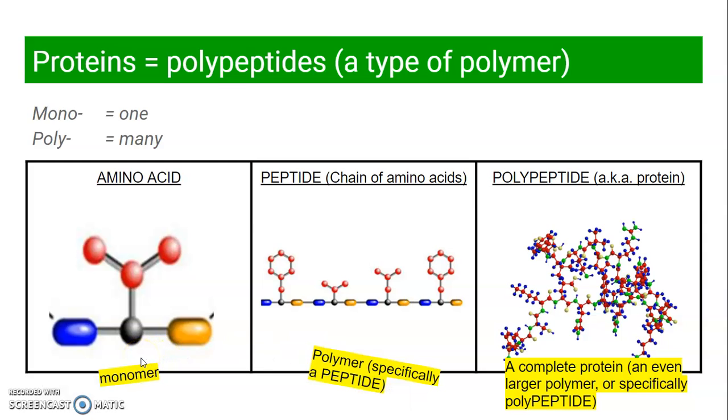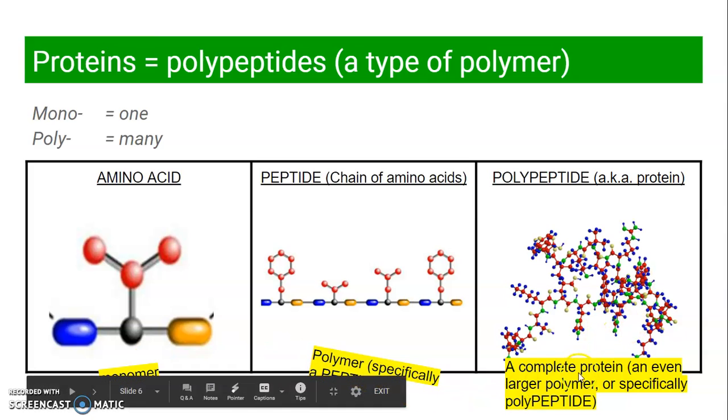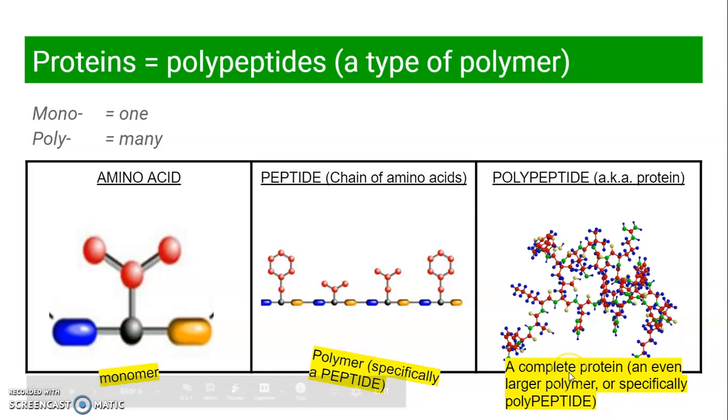So these are the general terms, monomer, polymer, but in the specifics, when we're talking about proteins, our monomer is the amino acid, and our polymer is a peptide, and then an even larger polymer. When you join those peptides together, you will get a polypeptide. So another type of multi or many monomers stuck together.